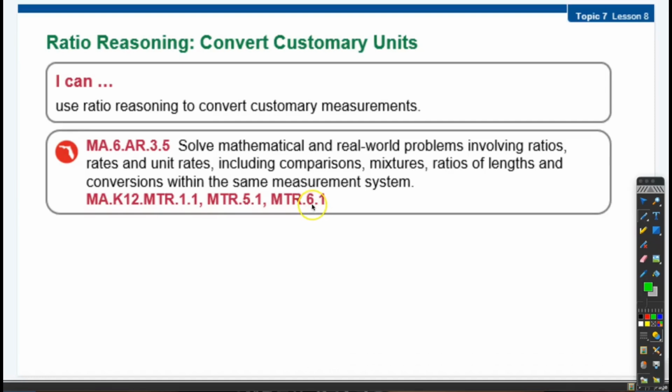All right, everybody, we're back again with Topic 7, Lesson 8. We've got ratio reasoning, convert customary units. So, fun little story. The customary system is used by three countries in the world.